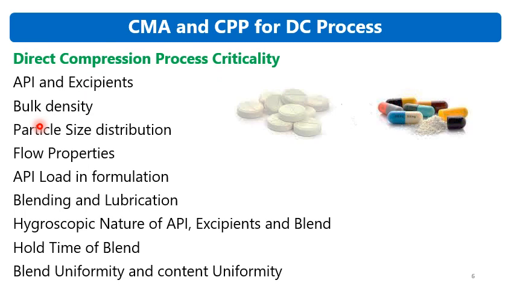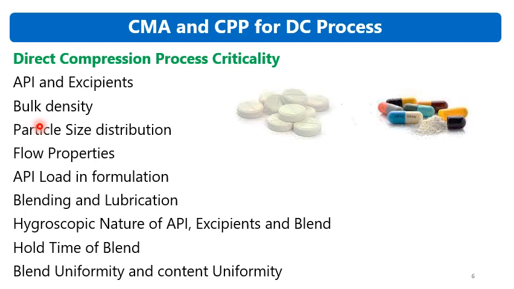Now what are the CMAs and CPPs for DC process? Direct compression process has some criticality, and that's why it is very important to consider these critical aspects. So CMAs of API and excipients. These are particle size distribution, bulk density, flow properties, hygroscopicity, and others which can impact the direct compression process. Then API load in the formulation.